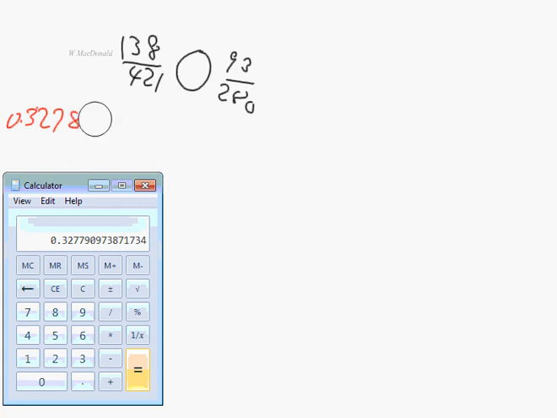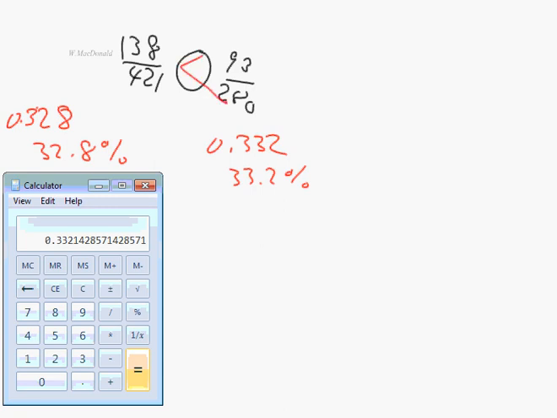Yes, 0.328, roughly, or 32.8%, roughly. And we already know how to get that percentage. The next one is 93 divided by 280, and that is 0.332, or roughly 33.2%. So which one is greater? The second one is greater. Therefore, 138 out of 421 is less than 93 out of 280.